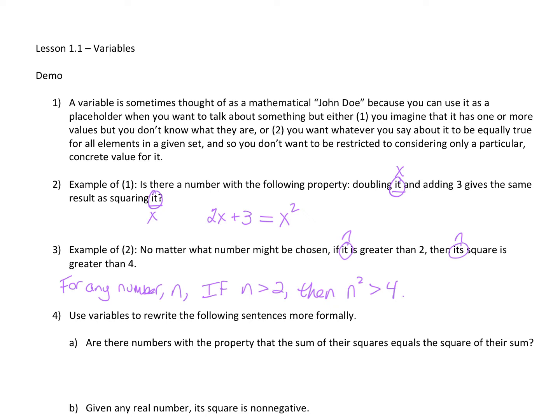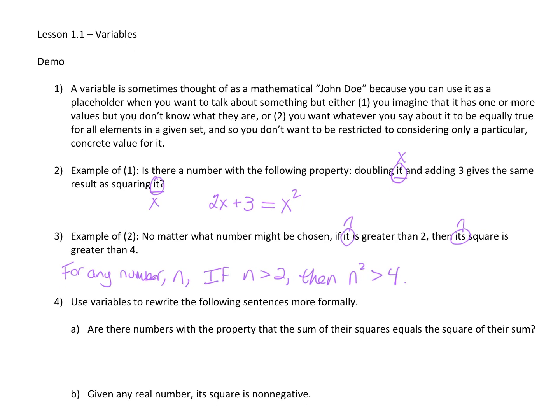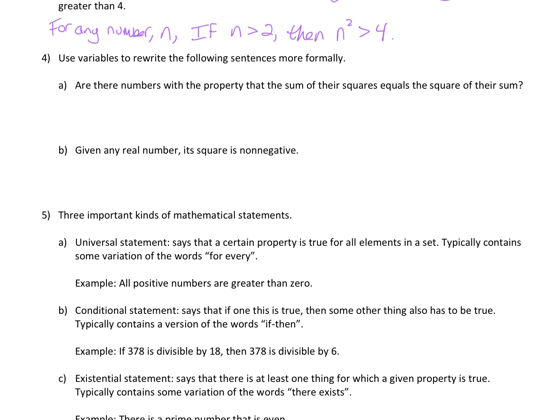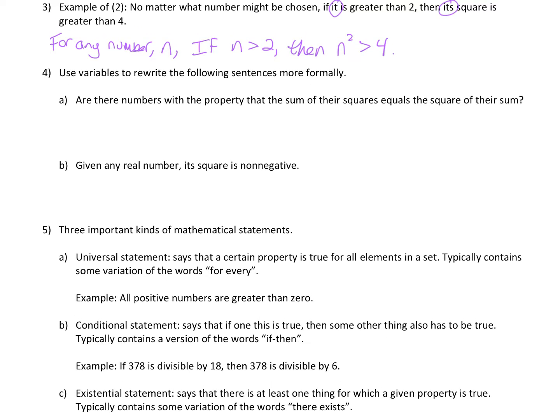Okay, so now we're going to do a couple more. We're going to use variables to rewrite these sentences more formally. Are there any numbers with the property that the sum of their squares equals the square of their sum? So we're looking for multiple numbers, so we'll say 2 numbers.